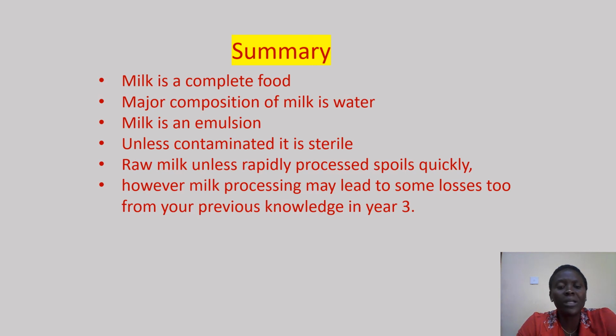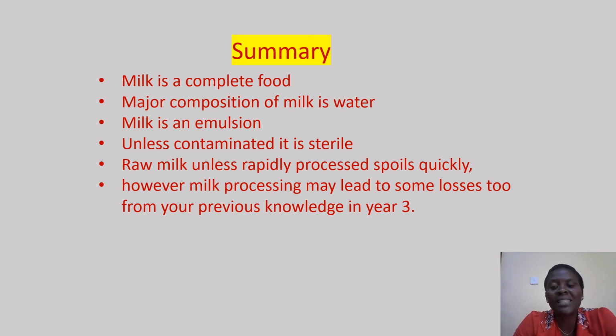In summary, milk is a complete food, and the major composition of milk is water. Milk is an emulsion, and unless contaminated, it is sterile. Raw milk, unless rapidly processed, spoils quickly because milk is a complete meal and encourages the growth of microorganisms.